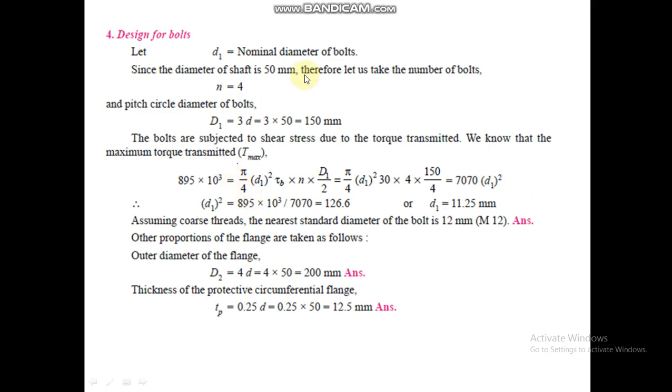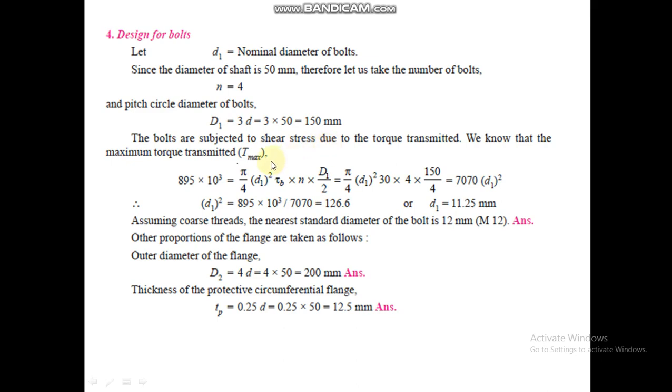In the last step, you will find the diameter of the bolt, that is, the design for the bolt. First of all, assume d1 as the diameter of the bolt, and the diameter of the shaft is 50. So for a 50 shaft, the number of bolts will be 4 and the pitch circle diameter will be 3D, that is 150. The bolts are subjected to shear stress due to the torque transmitted.